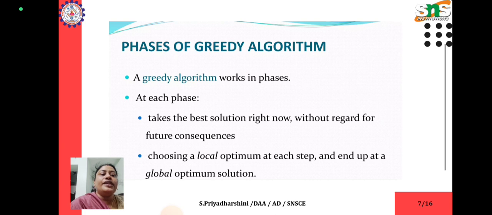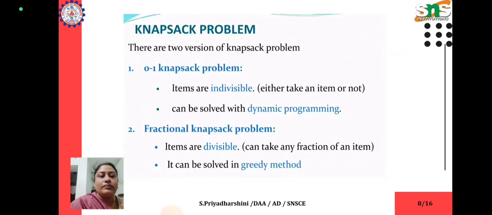The greedy algorithm works in different phases. At each phase, it takes the best solution at that time without considering the future consequences. It chooses a local optimum at each step, either a maximum or a minimum, and ends up at a global optimum solution.